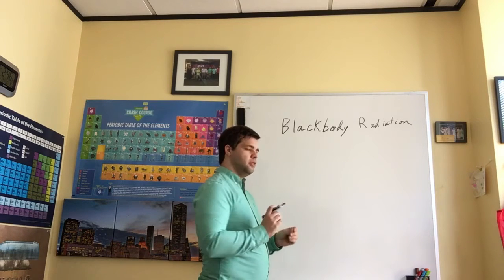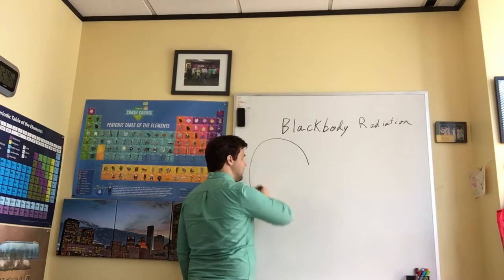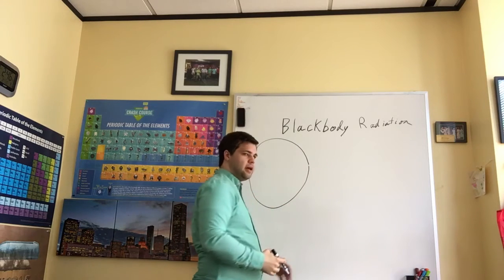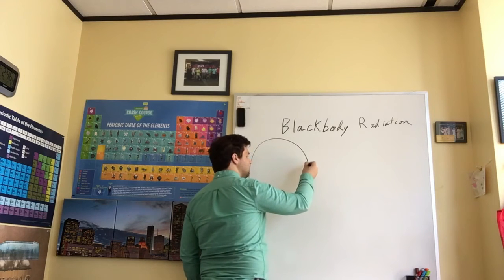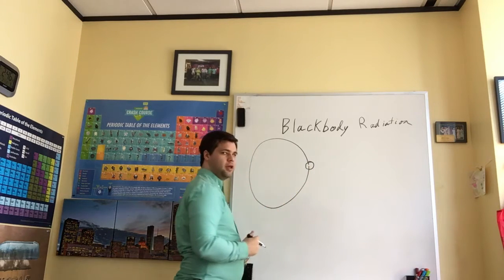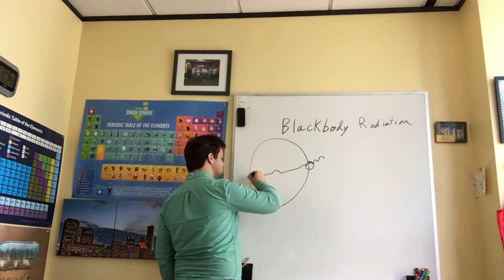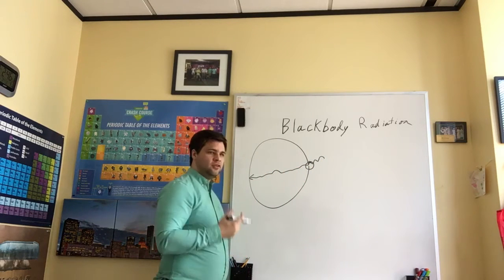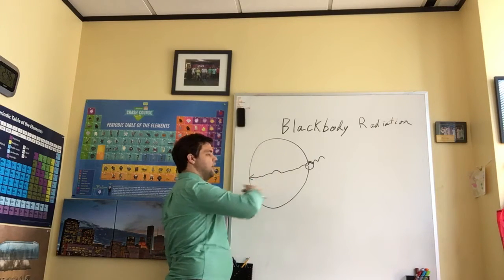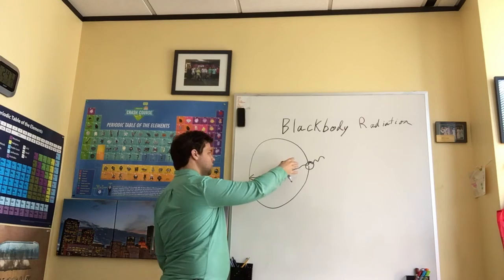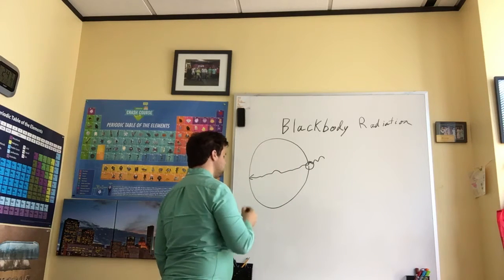The way that they modeled this is you think of a cavity that's being heated up to some temperature, and it has a small pinhole, okay? And light can enter through this pinhole, and it hits one of the sides of this cavity, this empty area with some sort of solid barrier here.